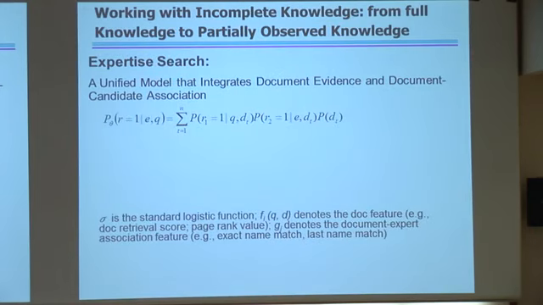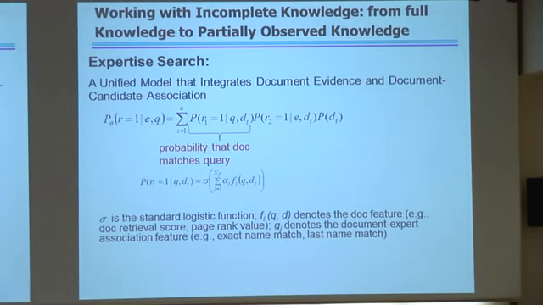What we did is, again, we do not want to model generation probability. We want to model the probability, given the user and a query, of whether they are relevant. And we introduce two hidden variables here, represented by R1 and R2. The first hidden variable tells us whether the document is relevant with respect to the user query.